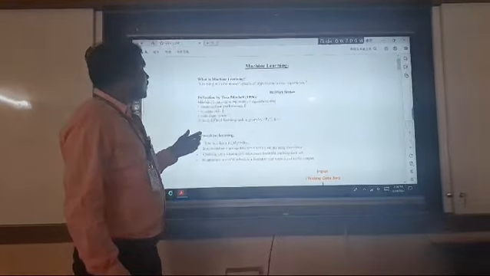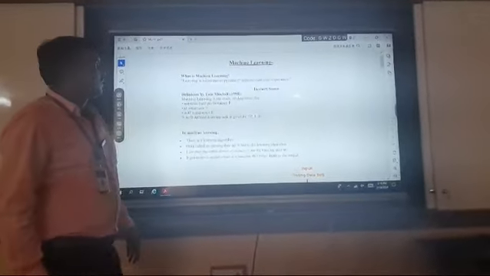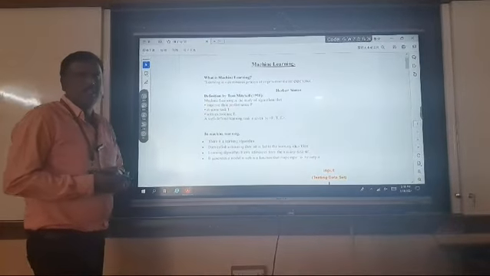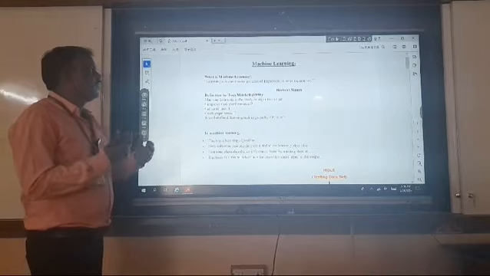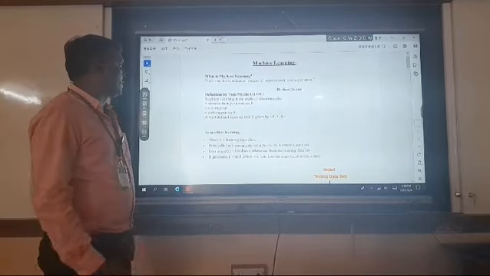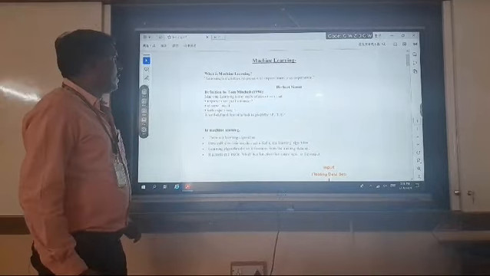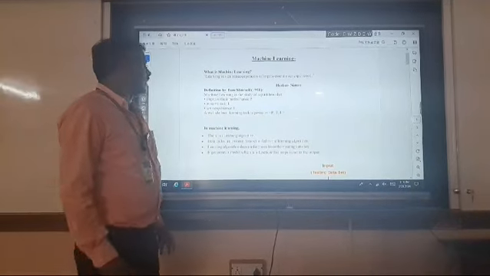Learning, according to Herbert Simon, is defined as a continuous process of improving over experience. The learning will improve with the help of experience. The machine learning definition was given by Tom Mitchell in 1998.